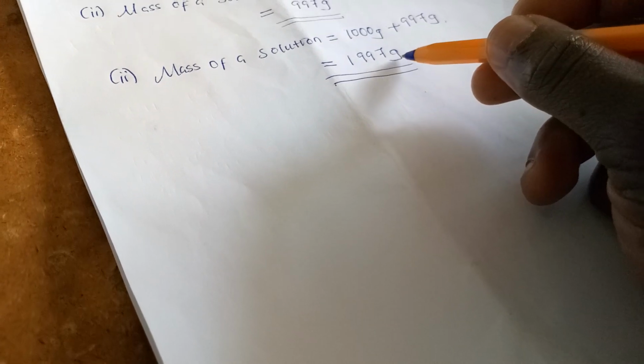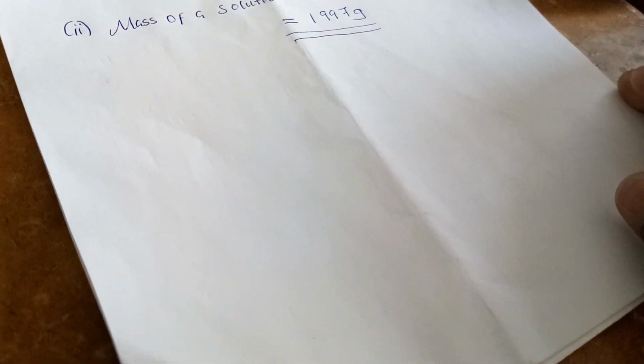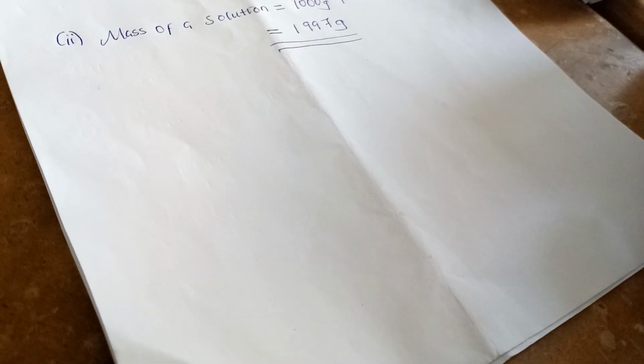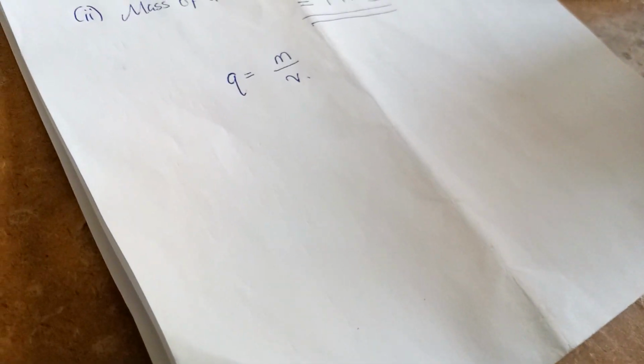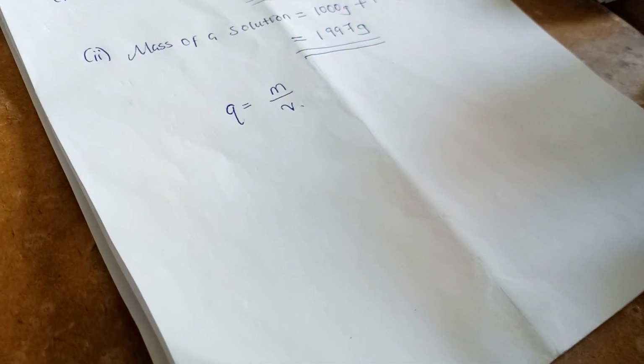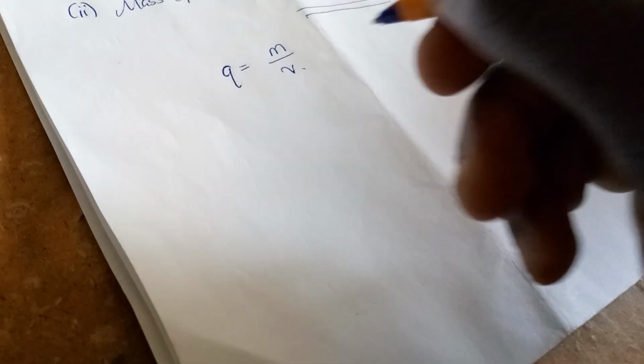Since we have the mass of the solution and we have been given the density, we know that density equals mass over volume. So now we can find the volume.